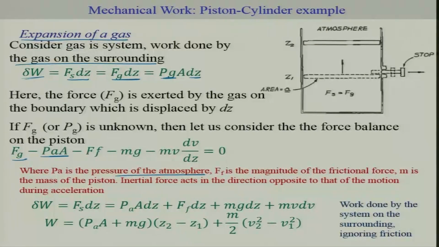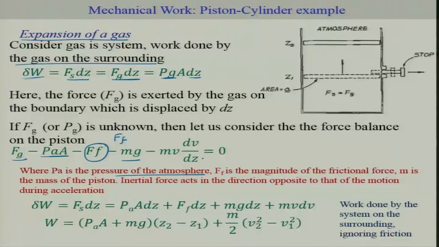which is nothing but the magnitude of the friction force, minus the gravitational force, and then if there is acceleration of the system, that will be minus mv dv by dz. This is similar to your ma.